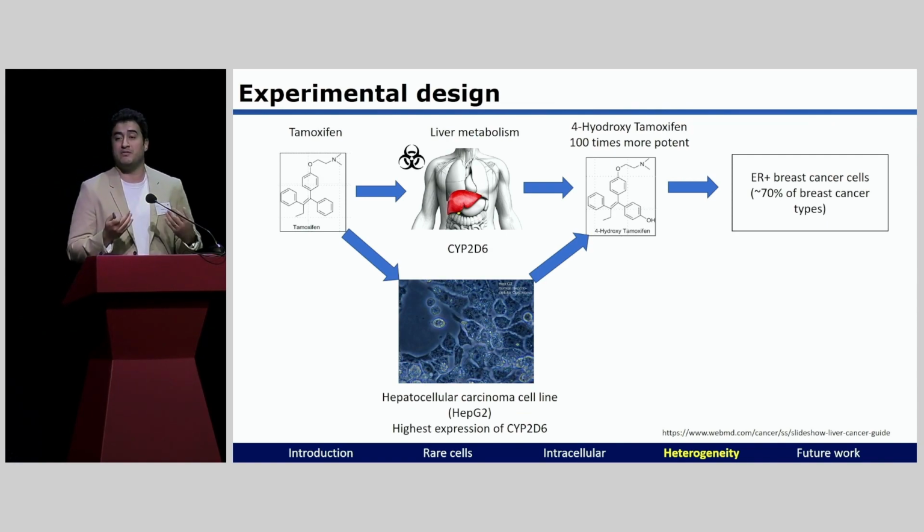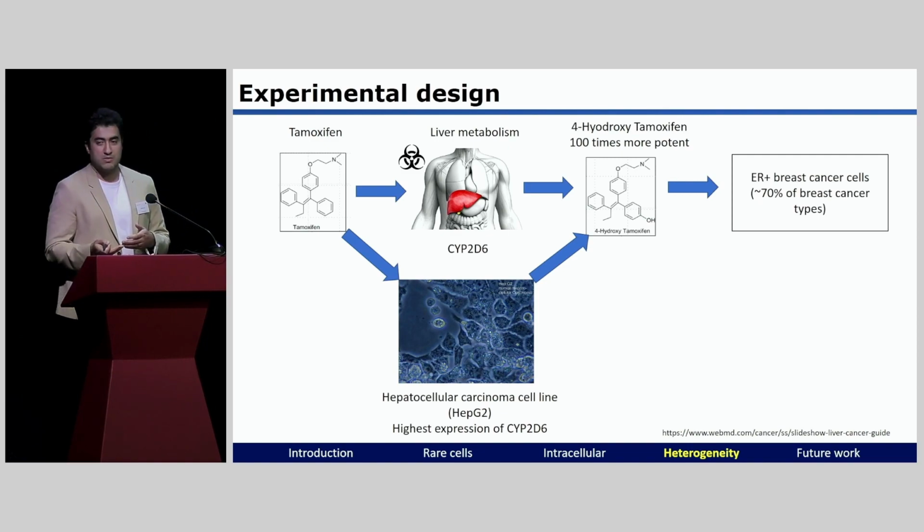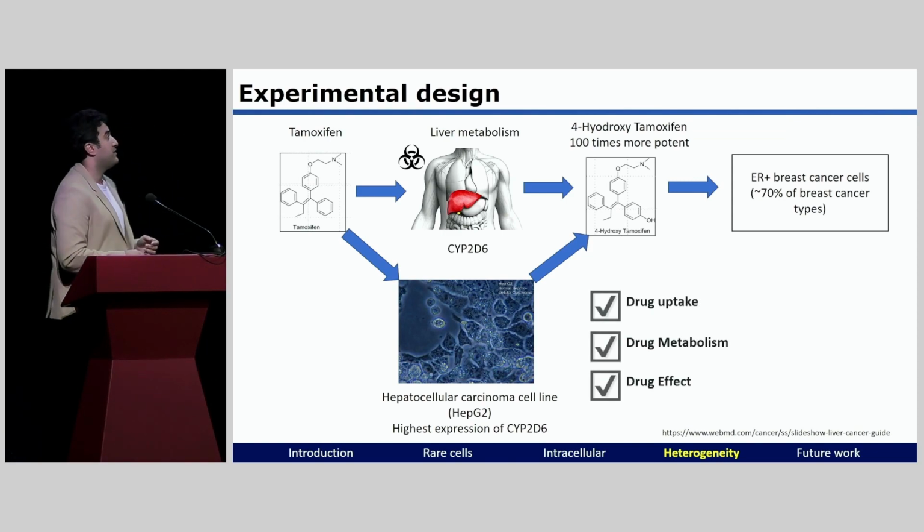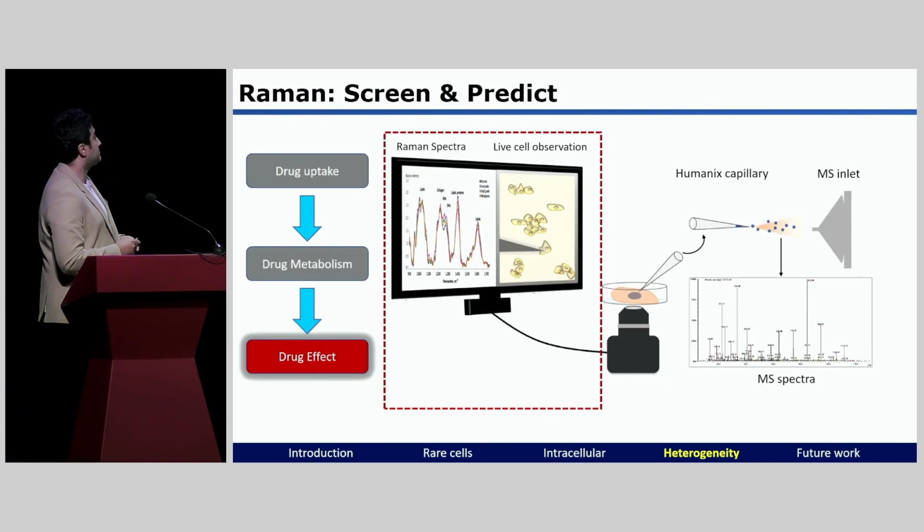Tamoxifen is metabolized by liver cells into its more active form, which is 4-hydroxytamoxifen. And while it's metabolized, it's also toxic to the cells. So if we can succeed in measuring these cells, we have the trifecta of things that we're looking for, and we can try to get some accurate data about cell heterogeneity regarding these three processes.